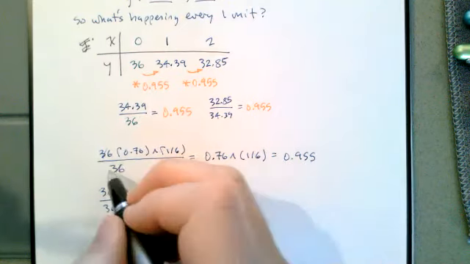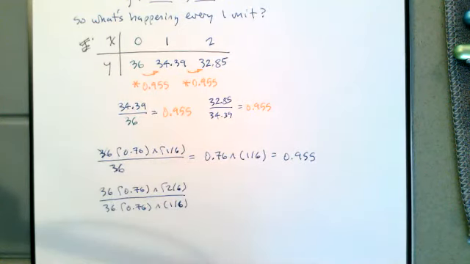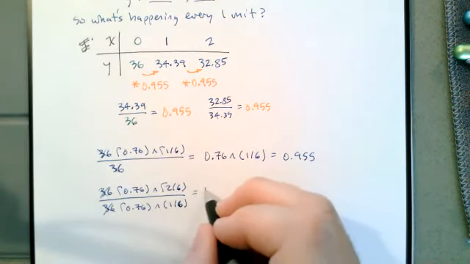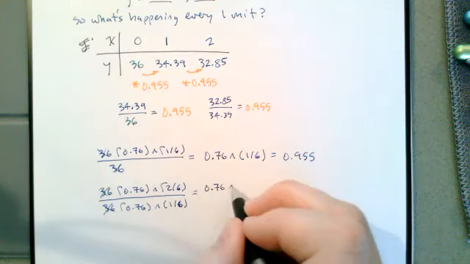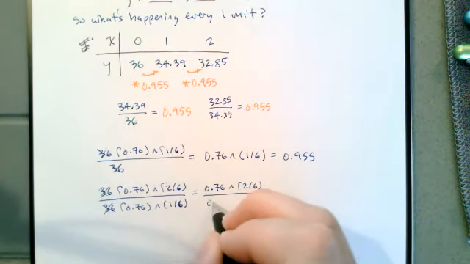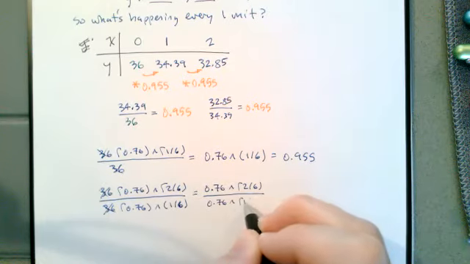Once again, just like in the previous calculation, the 36s didn't matter. In this calculation, the 36s don't matter either. That makes sense. The 36s are where things start, and we're asking questions about how things are changing. So we have 0.76 to the 2/6 divided by 0.76 to the 1/6.